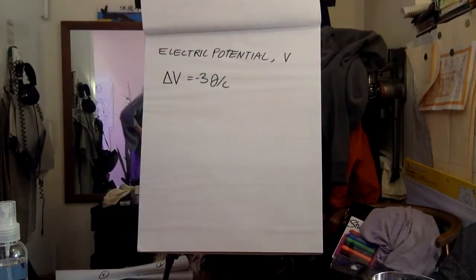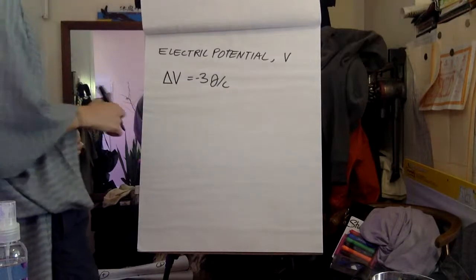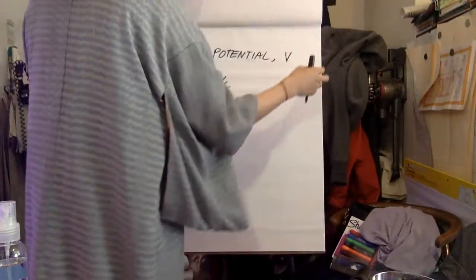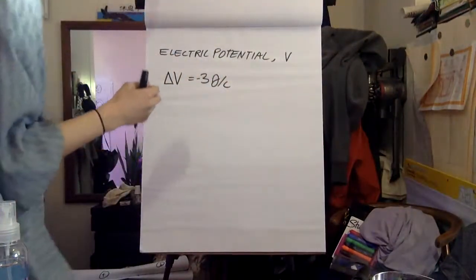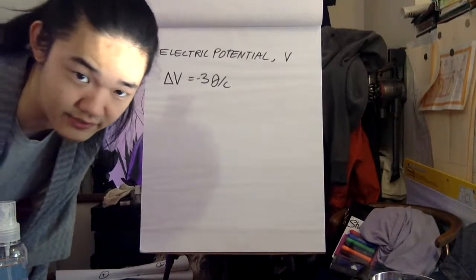And we use this in a very similar way to electric field. So what is electric potential related to? Just like the name implies, it's related to potential energy, but it is not equal to potential energy.